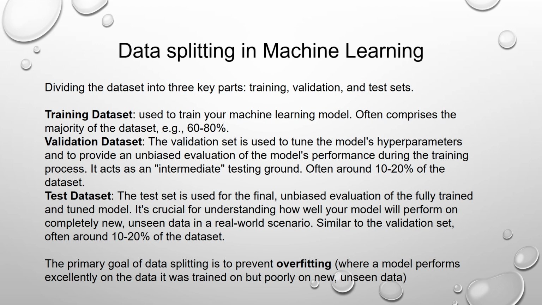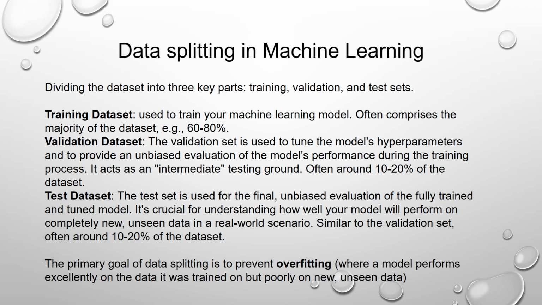It's not able to figure out any relation between those data. It just memorizes the data, and later on when an unseen scenario is given, it is not able to predict or do what it is supposed to do. That is known as overfitting. So to avoid overfitting, we use these training, validation and test datasets.